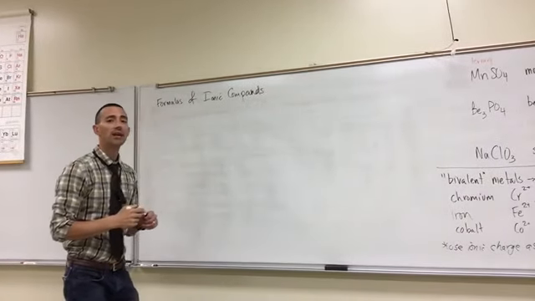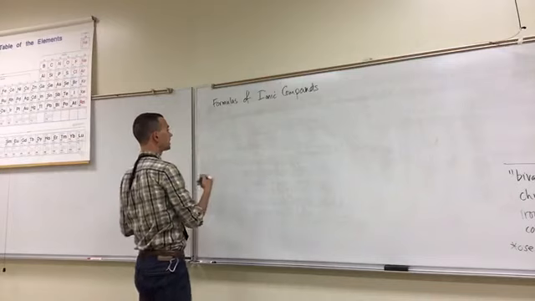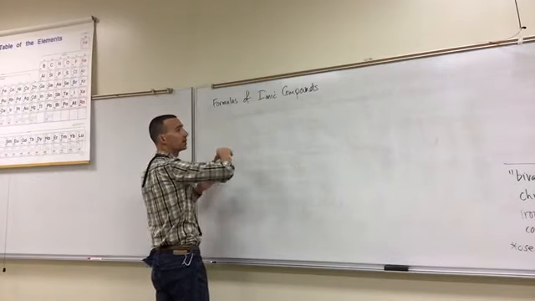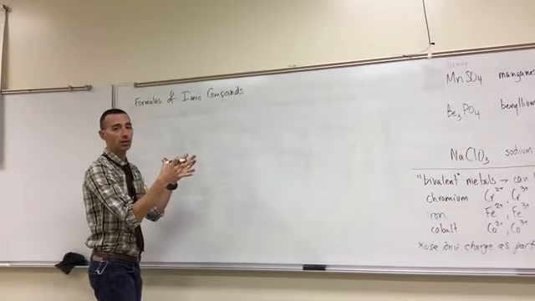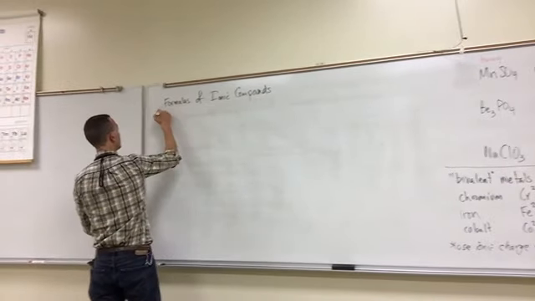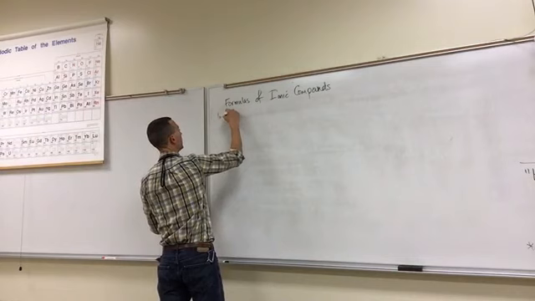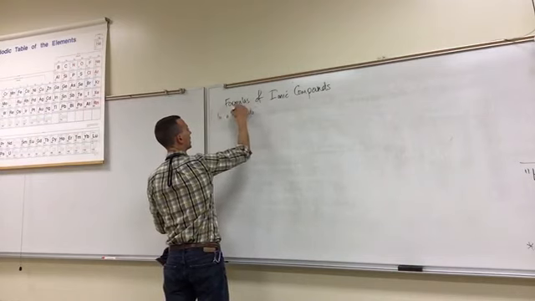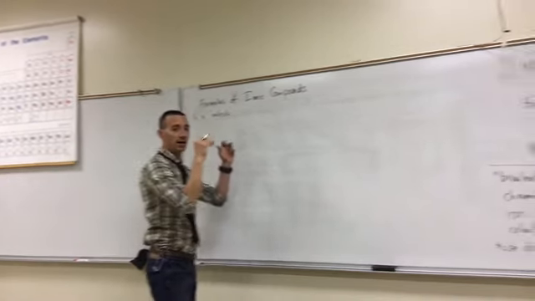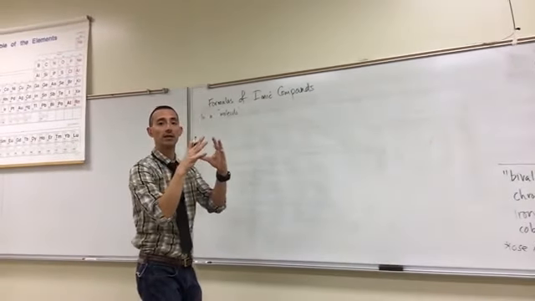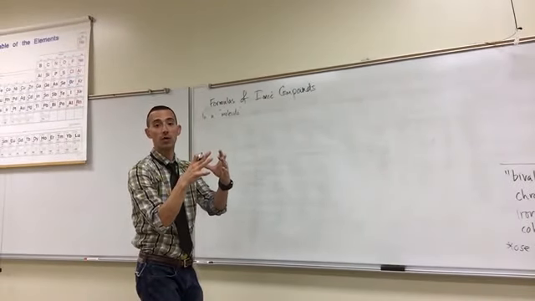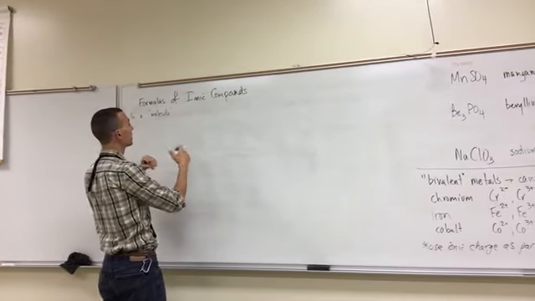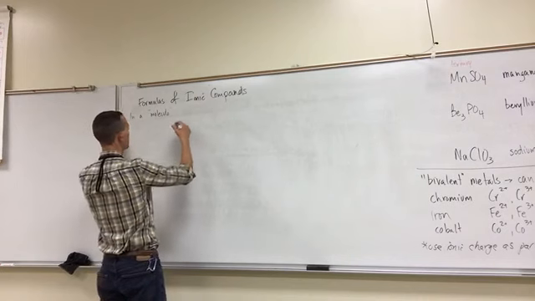The formula of an ionic compound is determined by ensuring that we have a neutral molecule overall. Okay? So although it's not really a molecule, honestly, of an ionic compound, if we thought of it as a single unit, we call it a formula unit more accurately. But for right now, I'll just use the term molecule because we've been familiar with using that so far this chapter.